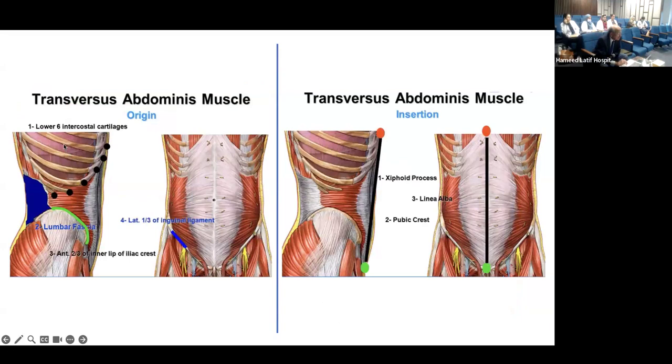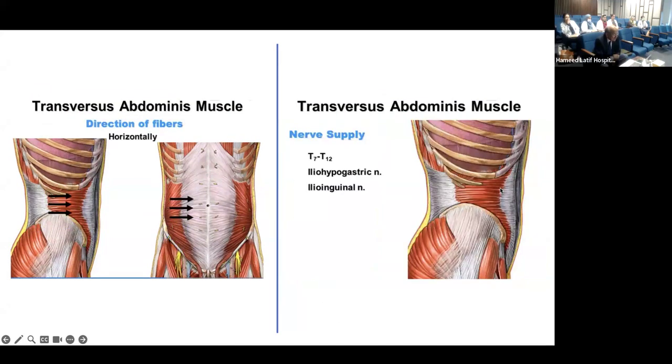Transversus abdominis originates from the lower 6 intercostal cartilages, and it runs medially, and it is inserted into the lateral 1/3 of the inguinal ligament and also the anterior 2/3 of the inner lip of the iliac crest. So this is the insertion, and starting from the xiphoid process, linea alba, pubic crest. So this is the origin, and this is the insertion.